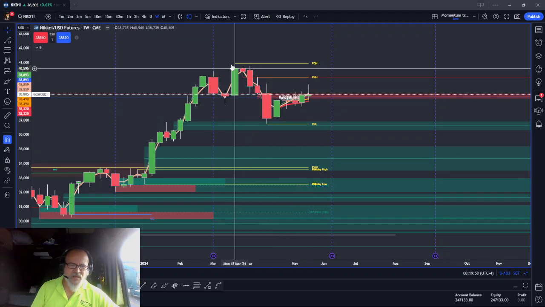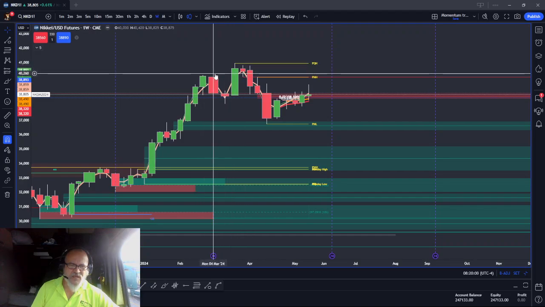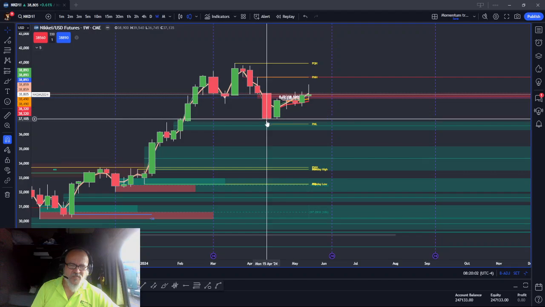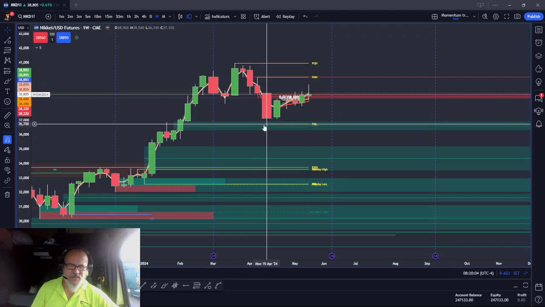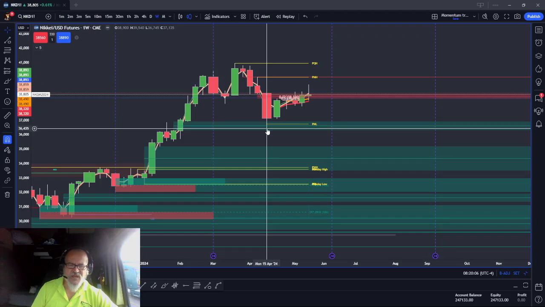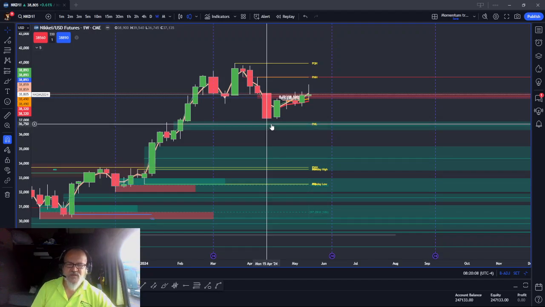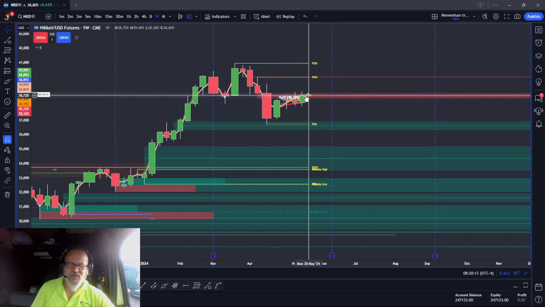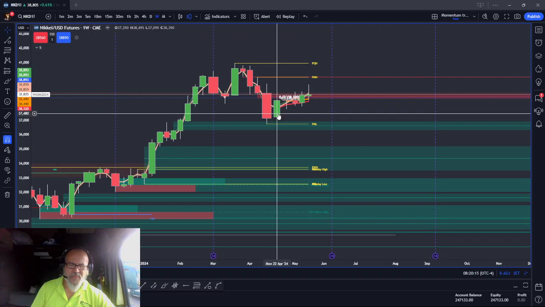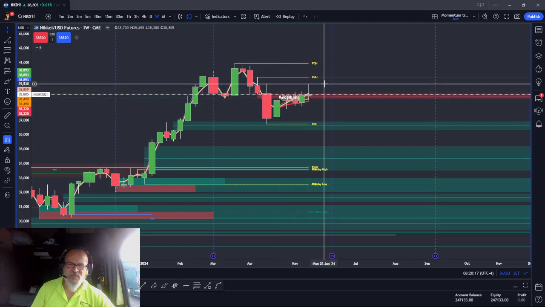We came back in, we swept the highs, came back in, traded into internal liquidity at the fair value gap, set a weekly low, and now we're just grinding back up again.